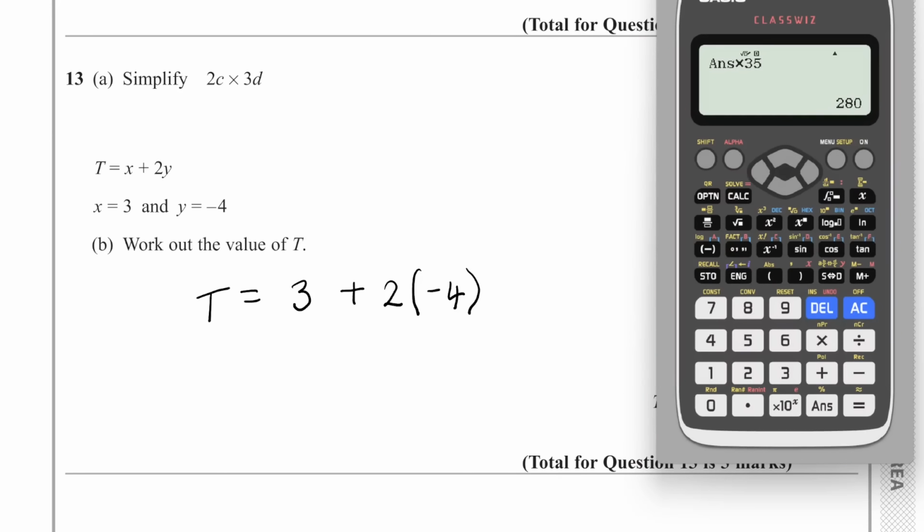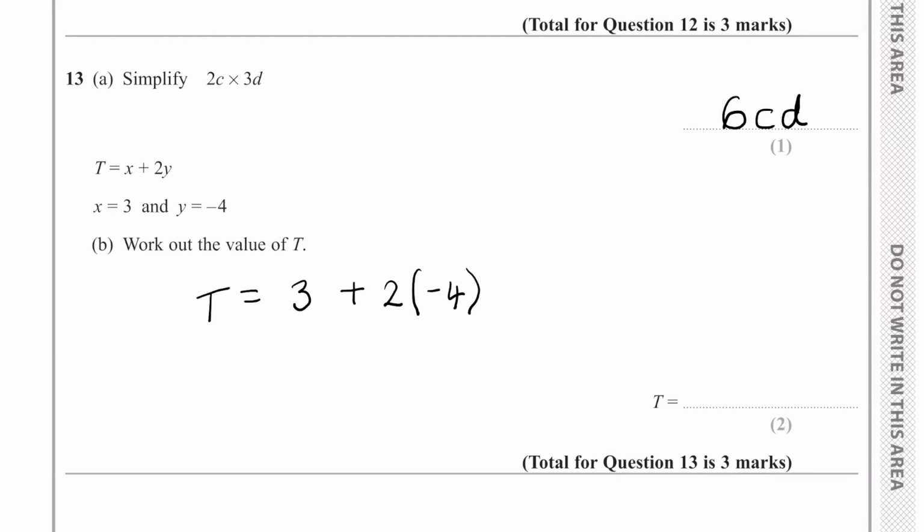And when I'm substituting it in, I'm just using a bracket. You could also write a bracket around the 3 where you've substituted it in. It makes absolutely no difference to the calculation if you've got the bracket there or not. 3 plus 2 -4s is -5.